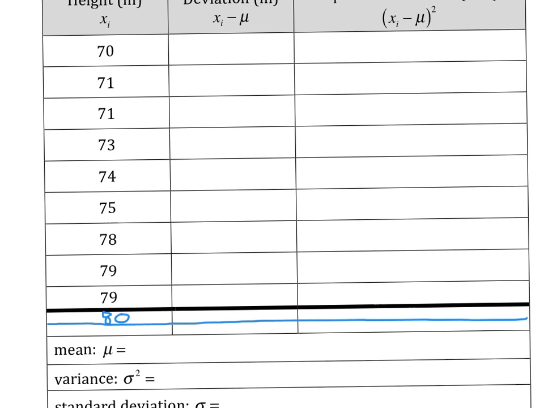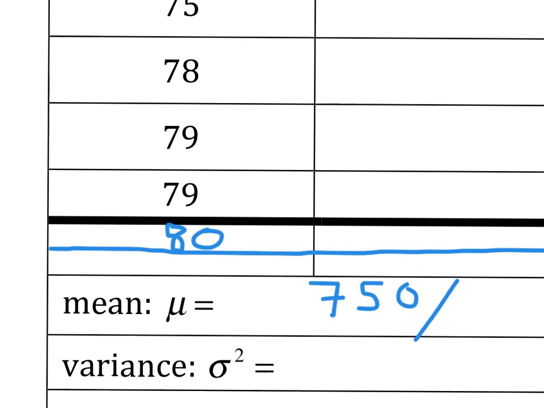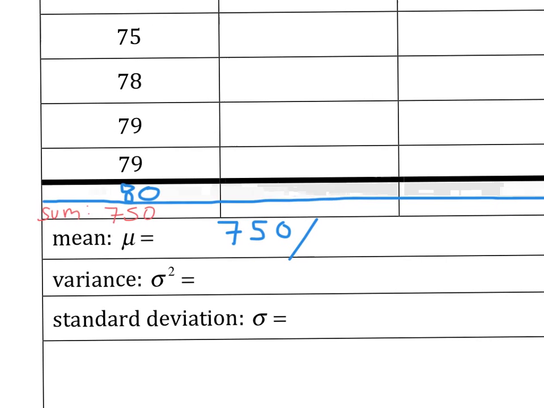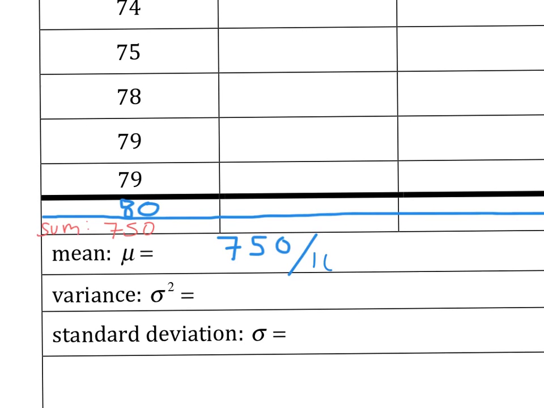So I see that my total, the sum, is going to be 750. I do apologize for squeezing it in there, but I'm going to write it underneath on the bottom. That's where my sums are going to be. So I take the 750 and I divide by 10. So my average is 75.